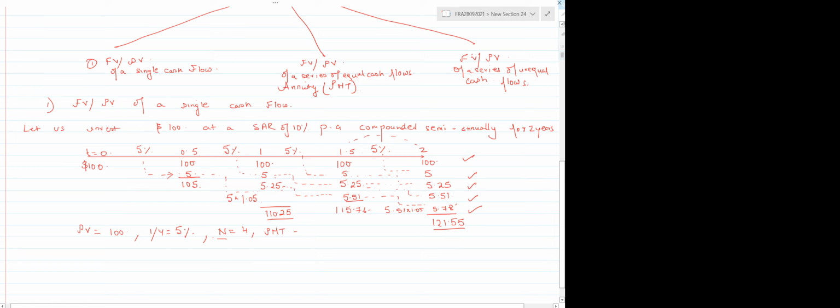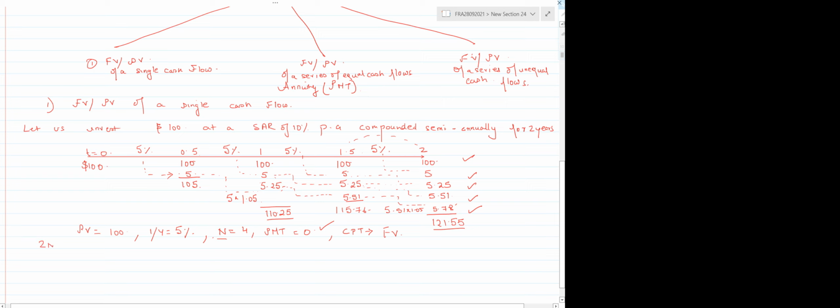The PMT button would be 0. PMT would come into the picture when I discuss annuity. CPT FV. Please enter this in your calculator if you're not aware of how to use it.